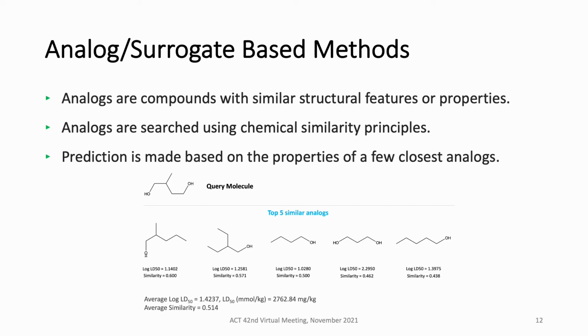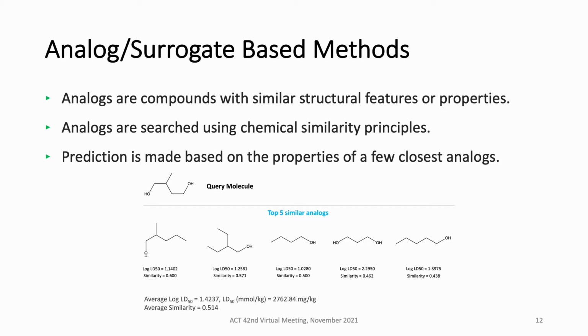The example that I've shown in this slide is not exactly the nitrosamine problem, but it is an example of using an analog based approach to find acute oral toxicity of a particular query molecule. The query molecule is shown on the top, and a few very similar analogs are shown at the bottom part.